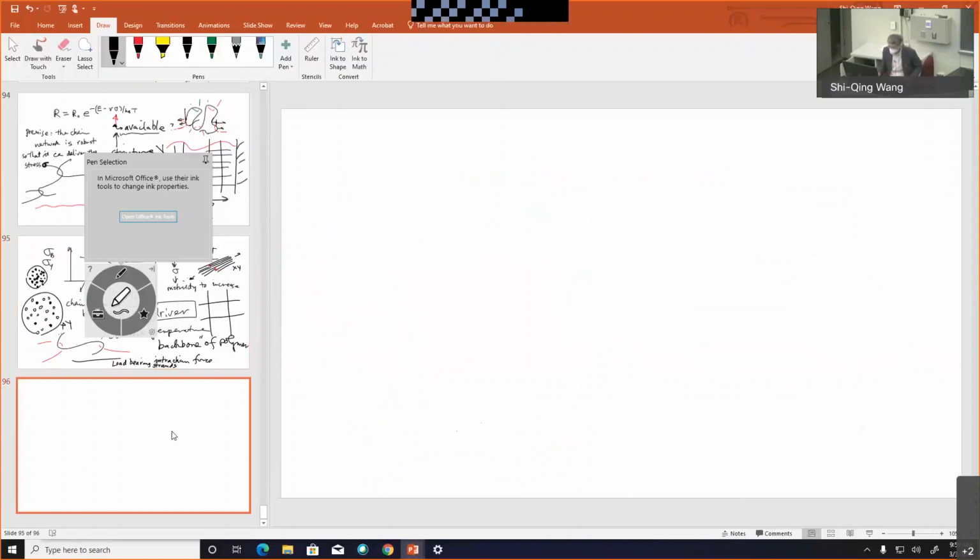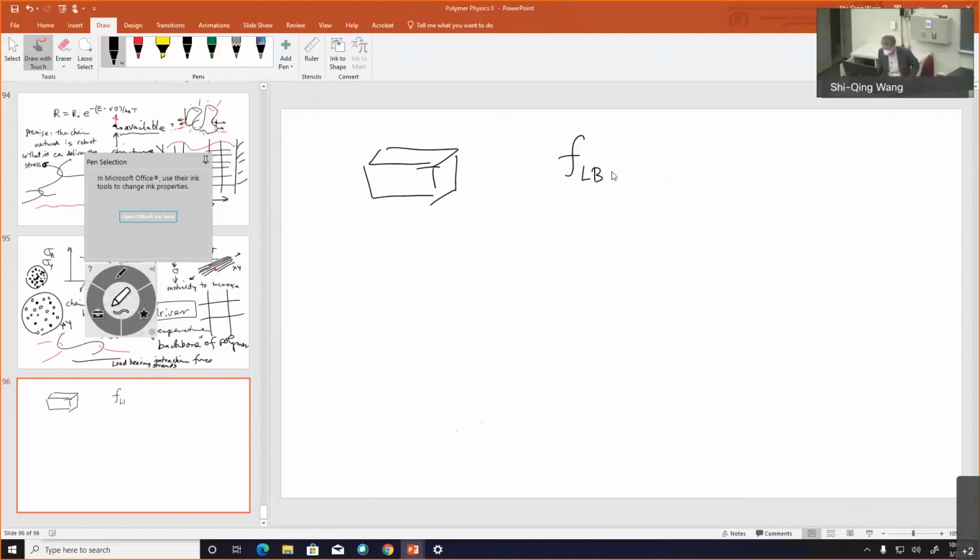So as I deform more, the load-bearing strands will have a force that also grows more. So if you like to think, in fact, there's some tension in the chain now.